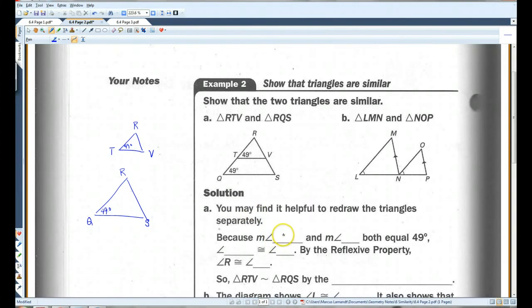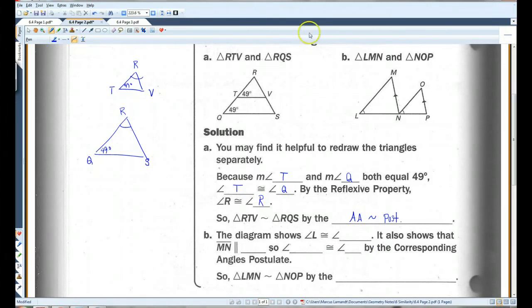Because the measure of angle T and the measure of angle Q both equal 49 degrees, angle T is congruent to angle Q. By the reflexive property, angle R is congruent to itself. Notice that both these triangles share an angle. So if we have two congruent angles, then the triangles have to be similar by the angle-angle similarity postulate.